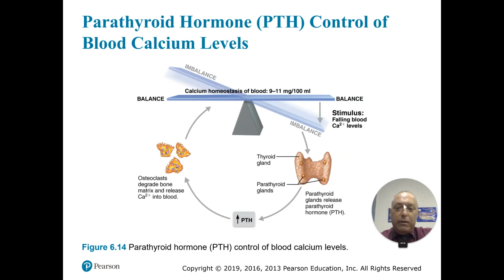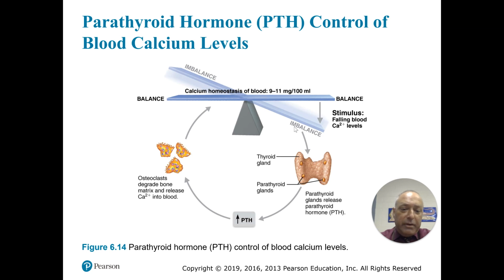So we can have a little look at the relationship here between parathyroid hormone and blood calcium levels. We've got a fulcrum and a balance for calcium homeostasis. We've got falling blood levels and rising blood levels.